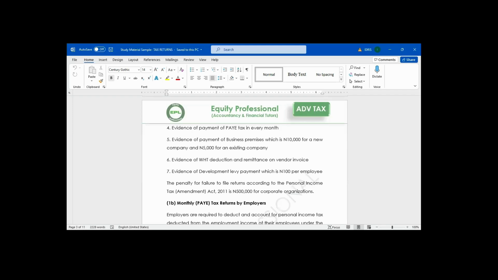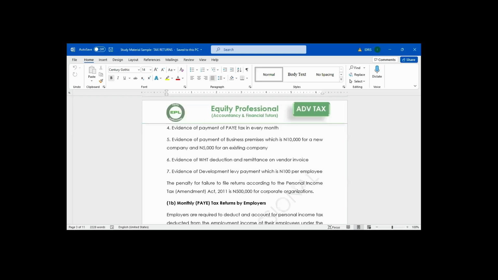So, failure to file payee annual return is going to attract a penalty of 500,000 naira. That means if a company fails to file payee annual return, that company will pay a penalty of what? 500,000 naira. That is payee annual return.